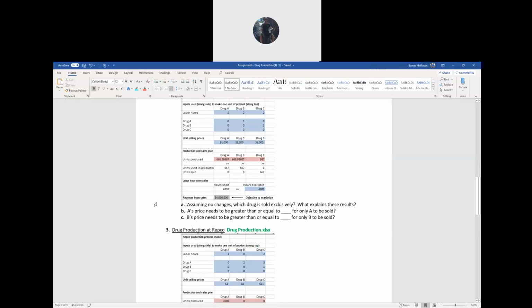Okay. So A. For number 2, assuming no changes, which drug is sold exclusively and what explains these results?